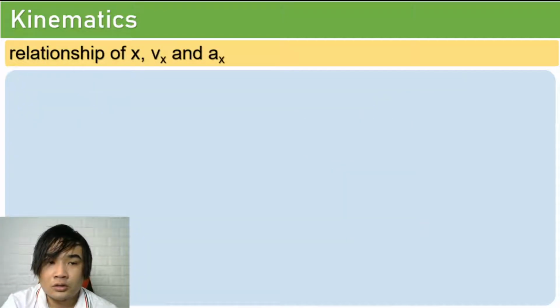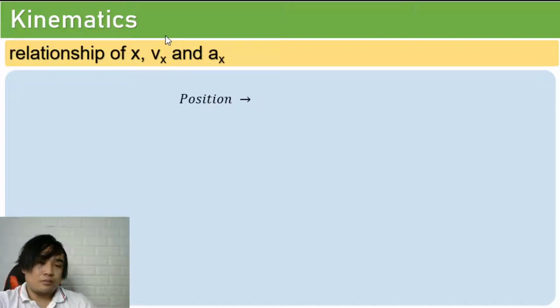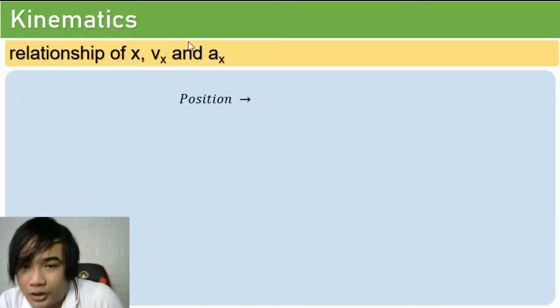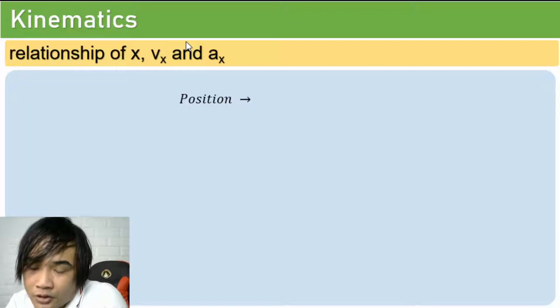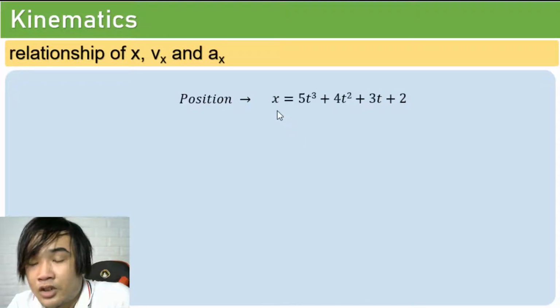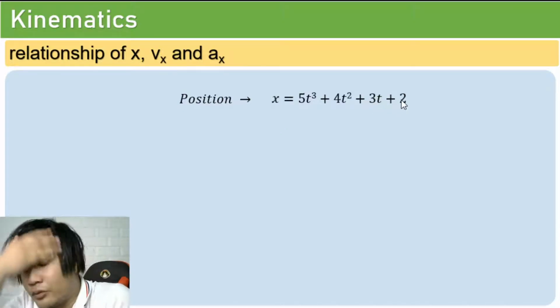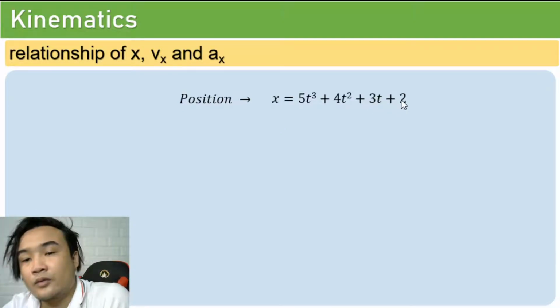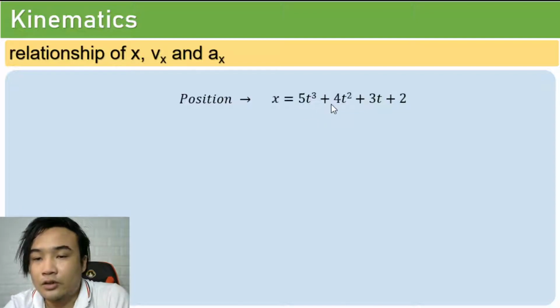Then, the relationship between position, velocity, and acceleration. If you look here at the position, let's say we have a formula. This is the given formula of position, for example, its movement with respect to time.